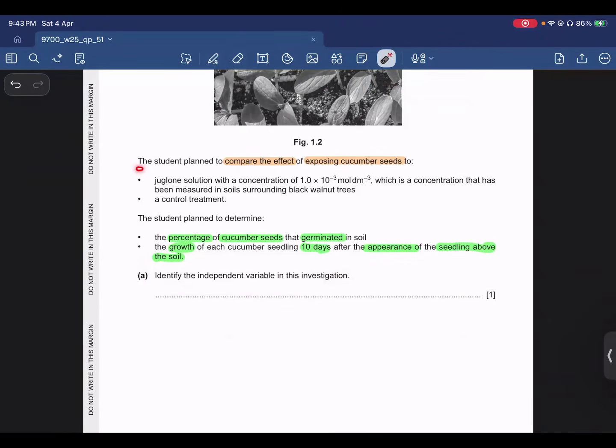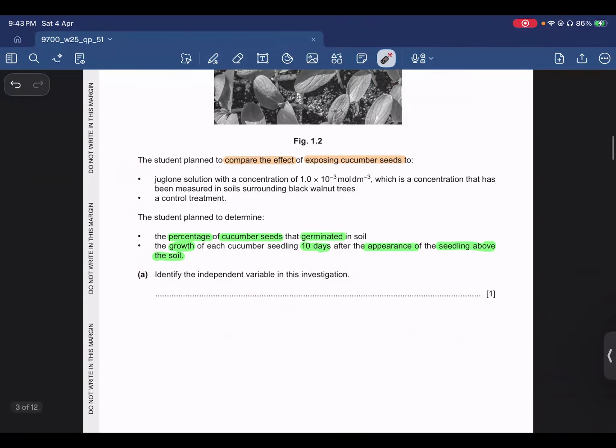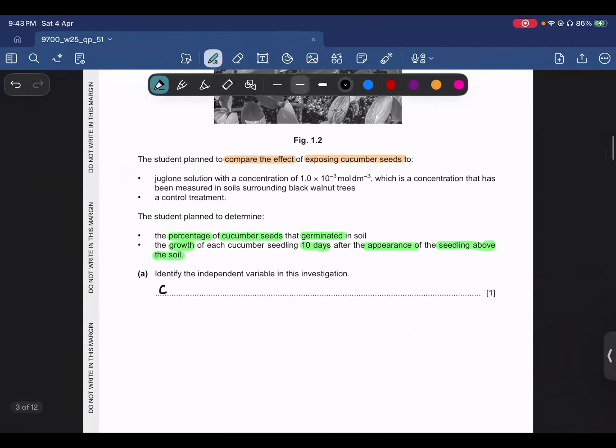Look at the two experiments. The concentration of the juglone solution. बिल्कुल सही, the concentration of the juglone solution. एक जगह 1 × 10⁻³ mol per dm³, और एक जगह कंट्रोल एक्सपेरिमेंट हमने किया. अच्छा, could you tell me by the way, कंट्रोल एक्सपेरिमेंट का मतलब क्या होता है? It's like basically the thing that if we change, it has, I think, no effect on the experiment.